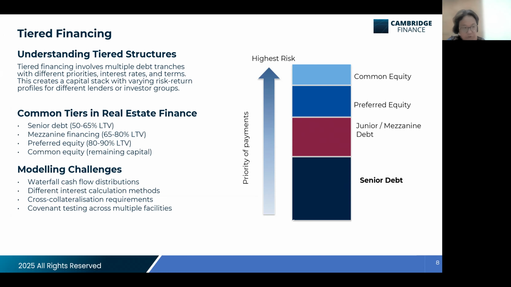And then we have the promote structure, we have the carried interest. These are terminologies we use when we're looking at profit sharing in joint ventures. And then we also need to find not only the loan from a bank, the senior debt that we call, but also junior or mezzanine finance. This is like the second charge on the land, for example. Okay, so this is what we call the capital stack, if you think about how we're going to finance it.